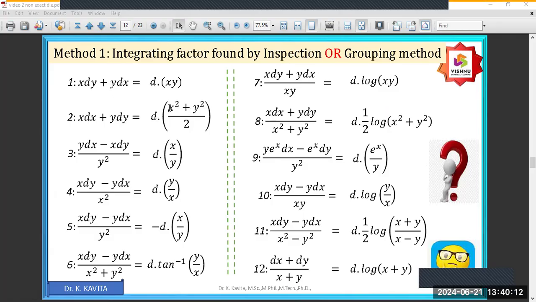Differentiation and integration are inverse, so we need both sides to be equal. That's why we write, by the inspection method, d((x² + y²)/2). Then (y dx - x dy)/y² we can write like the u/v method, so d(x/y), also the u/v method, where the missing part is a negative. One more formula looks like tan⁻¹(y/x), this looks like log(xy), and this looks like log((x² + y²)/2), and these look like the u/v method.